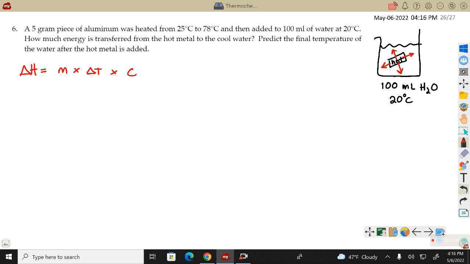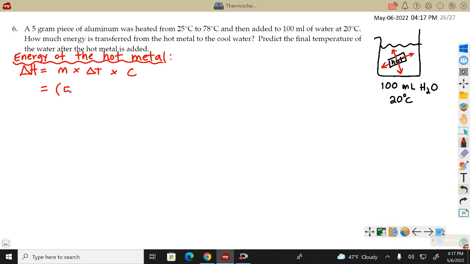All right, well, let's plug in what we know. So this is going to be technically, I'm going to call this the energy of the hot metal. Let's calculate the energy of that hot piece of metal. All right, well, we've got the mass.